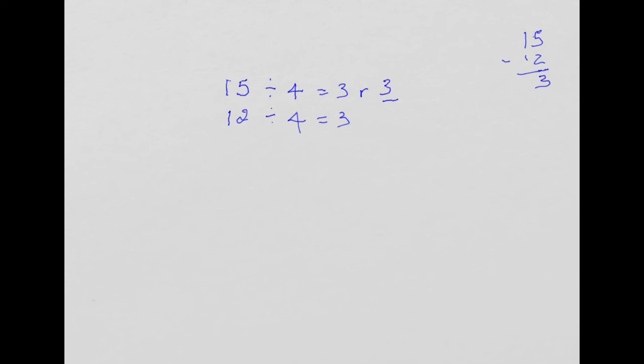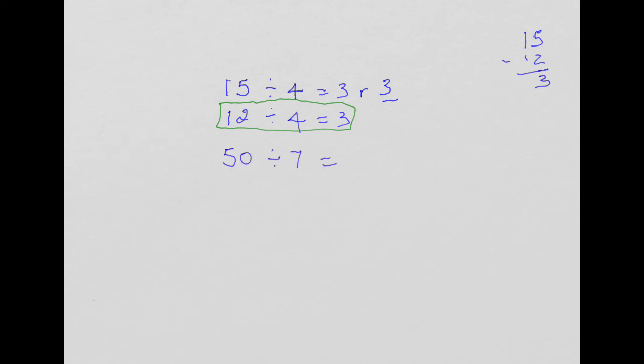So 15 divided by 4 equals 3, remainder 3. Now at the moment I have put this one in here, and that's fine. It just helps to show what you're doing. But you don't have to put it in, and before long you won't want to put it in. Should we do another one?